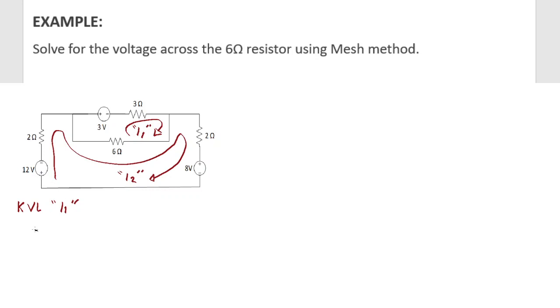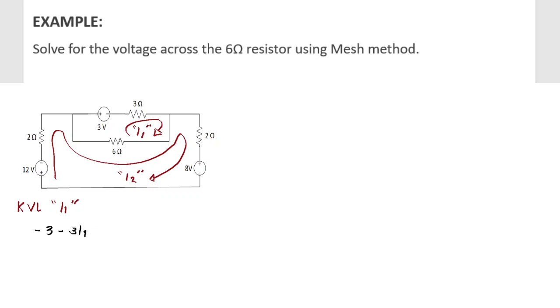Negative 3. And then it passes through this 3 ohm resistor, and since the current assumed in this 3 ohm resistor is your loop I1, that would always be a negative 3I1.